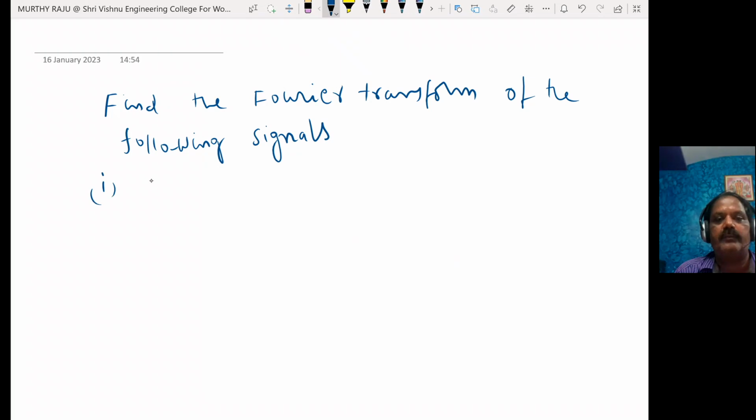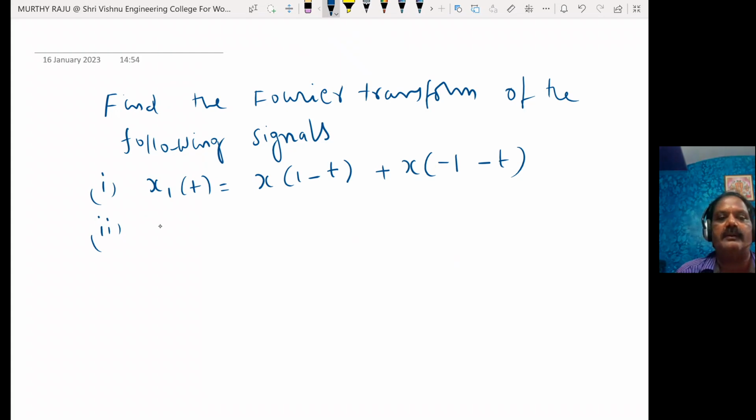First one, x1 of t is equal to x of 1 minus t plus x of minus 1 minus t. Second one is x2 of t is equal to x of 3t minus 6.